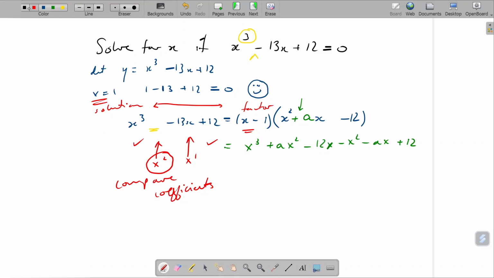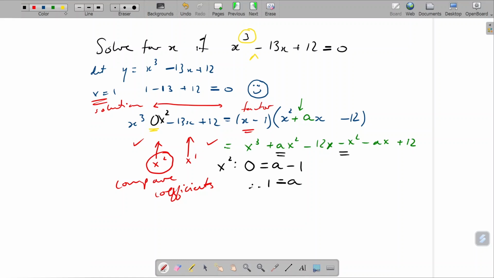The coefficient of x squared on the left is none, so if I'm looking at the x squareds, on the left I've got none of them. On the right, I've got ax squared minus x squared, so a minus 1. Therefore, I can realize that 1 equals a.